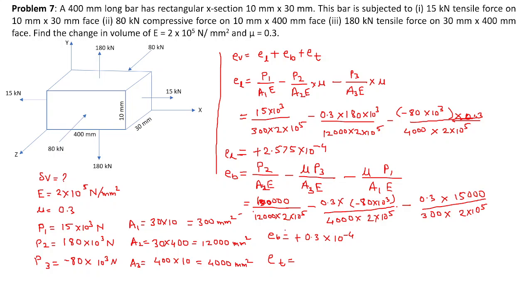Here we have to take only P3 divided by A3 E, minus negative of P2 by A2 E, minus of P1 by A1 E. You can put all the values and you will get the value of minus 1.975 into 10 raised to minus 4. Okay, you can do it by yourself.